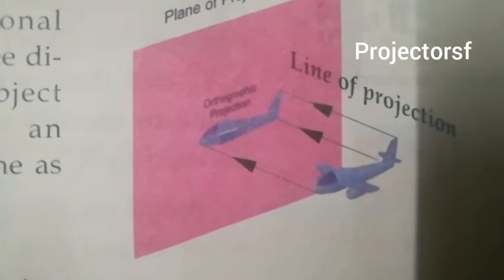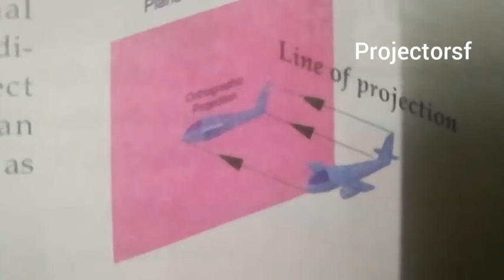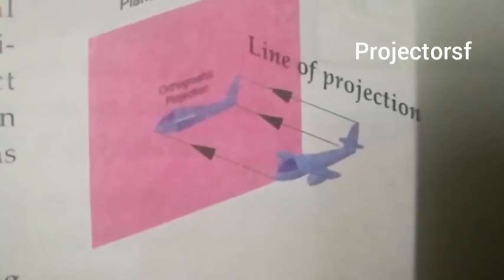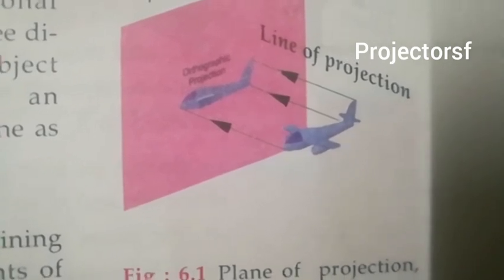In the figure we see a plane of projection. On the plane of projection we are getting the image, and from different points of the object different rays are falling on the plane of projection, so that we are getting the front view. The lines over which arrows are put are called lines of projection or simply projectors.